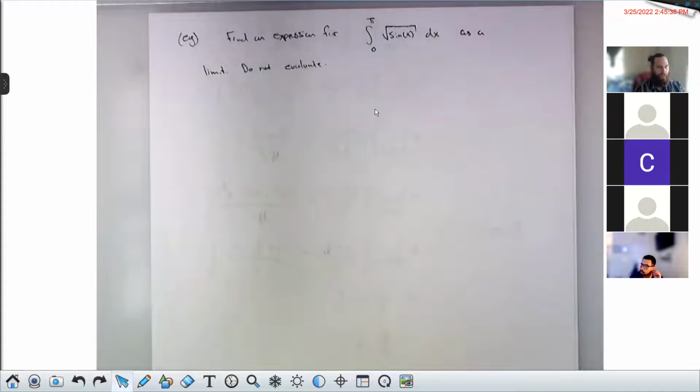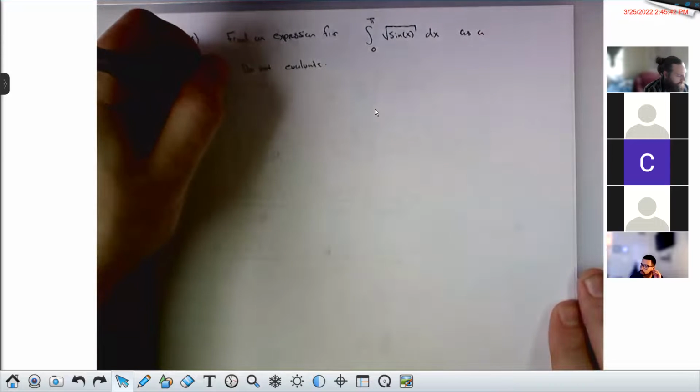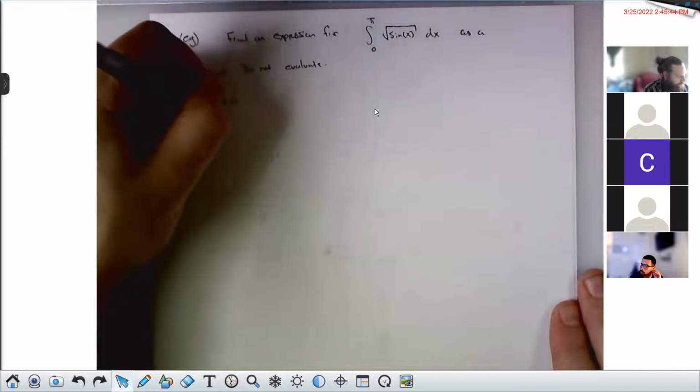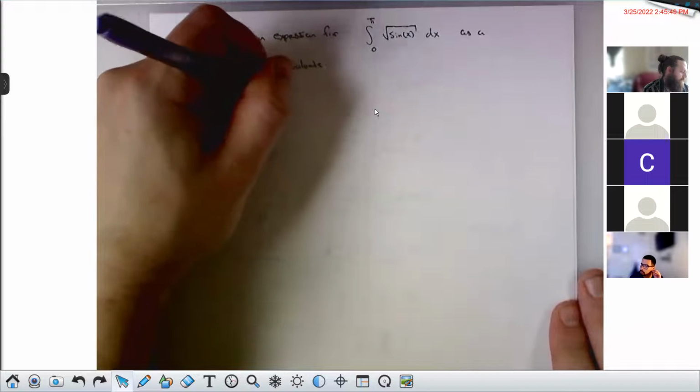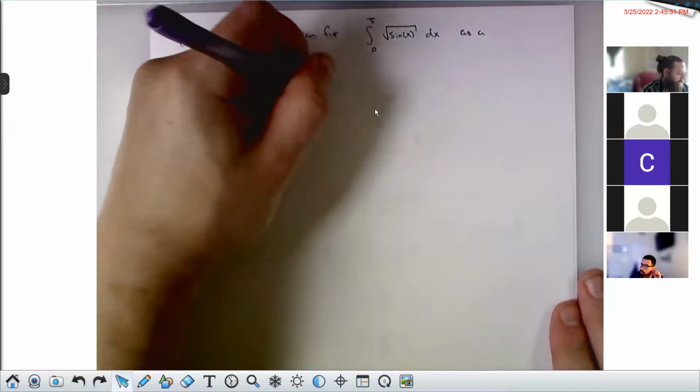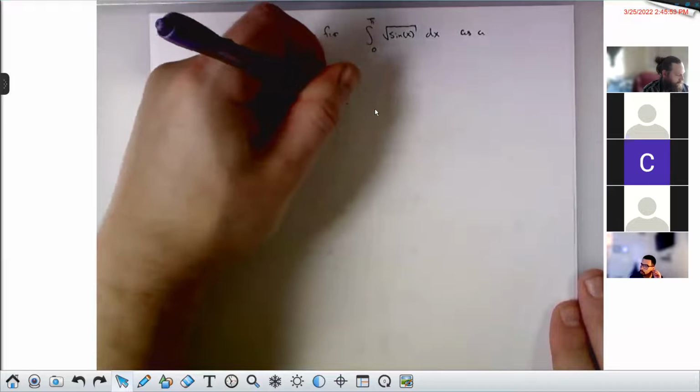So kind of the idea here is you just have to put the pieces together. We see from the integral that a is 0 and b is pi. The function f of x is the square root of the sine of x.